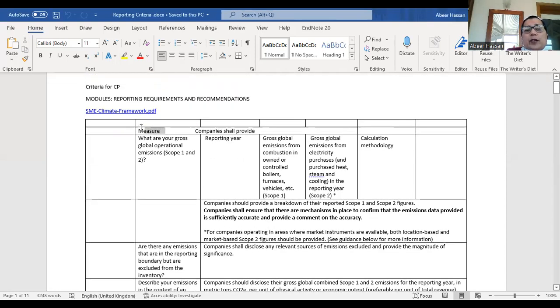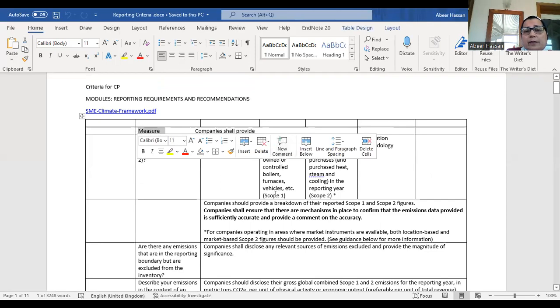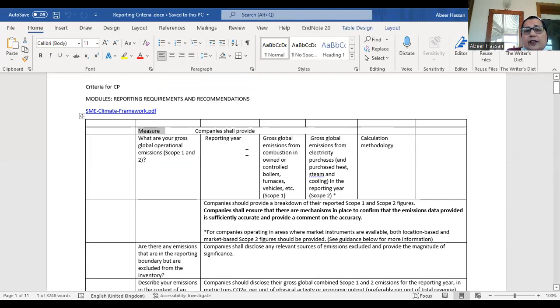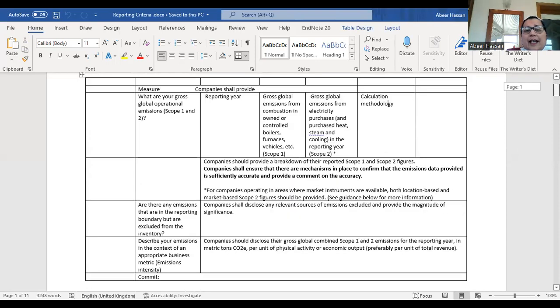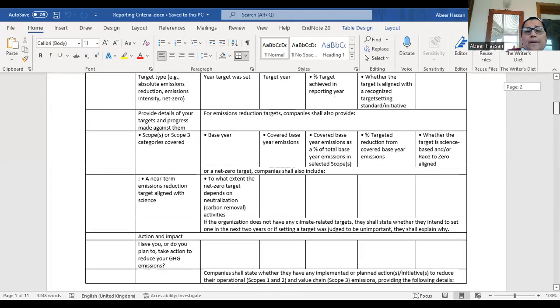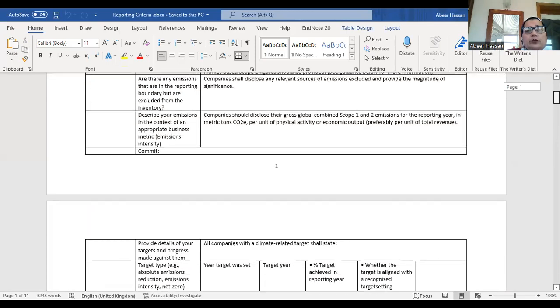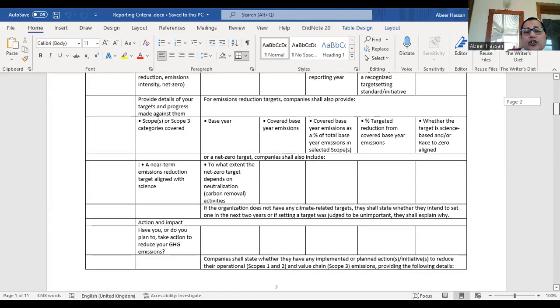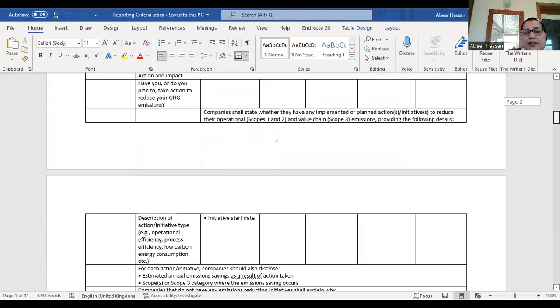This is the first one, measure, what they mean by that, and these are the requirements: reporting year, gross global emissions, and the calculation methodology. This is what you have to disclose in terms of measure. In terms of commit, this is the second one, and of course action and the impact is the third one.